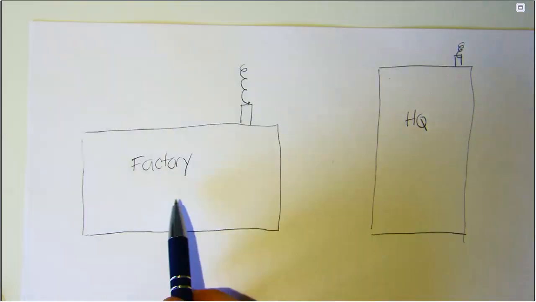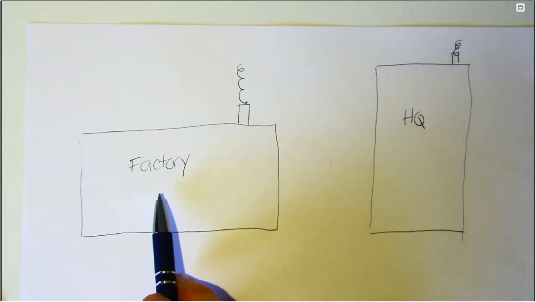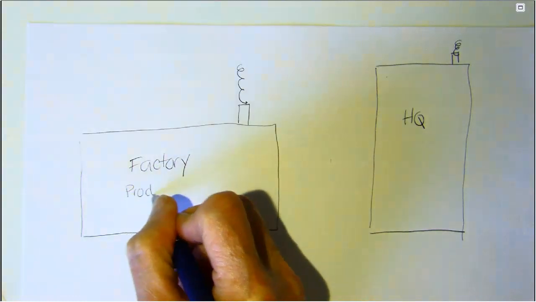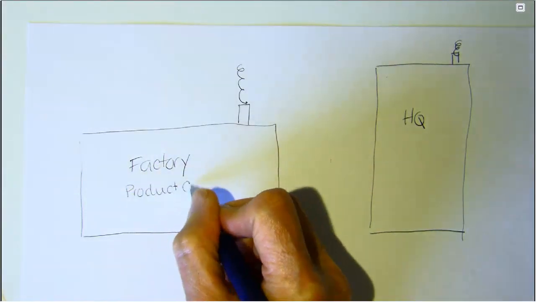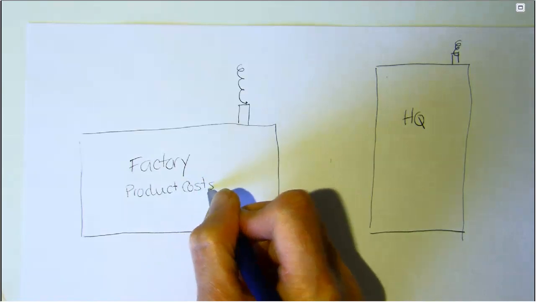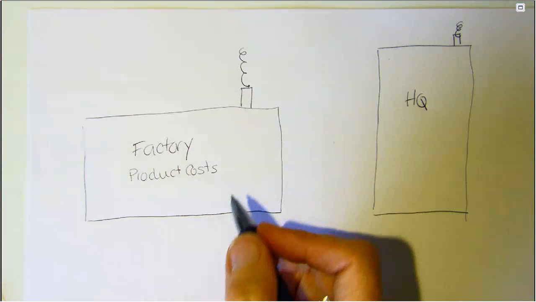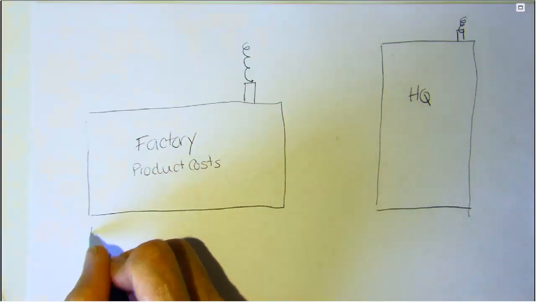Okay, everything that happens in the factory becomes part of the cost of the product. Everything that happens in the factory, all costs incurred, I should say, in the factory becomes a cost of the product. In fact, let's put that underneath here.